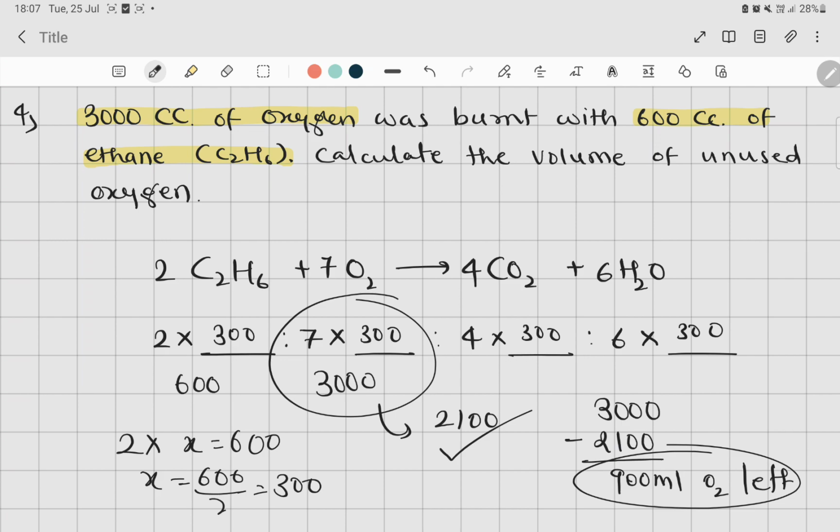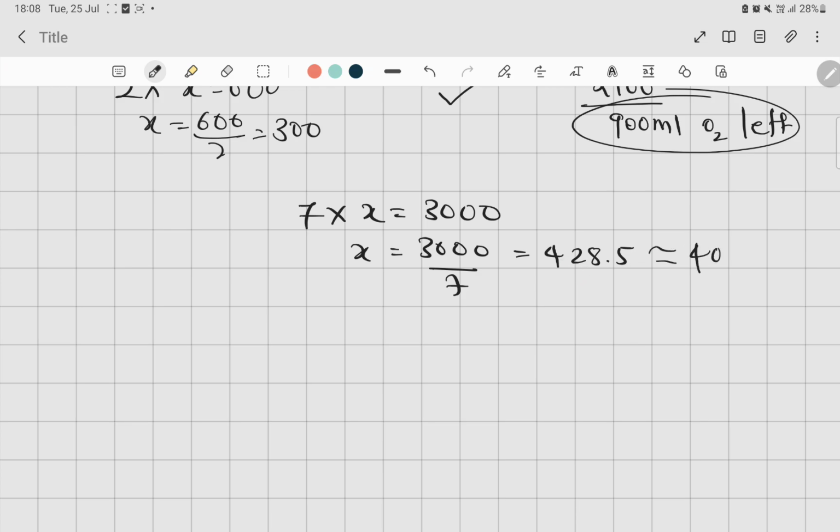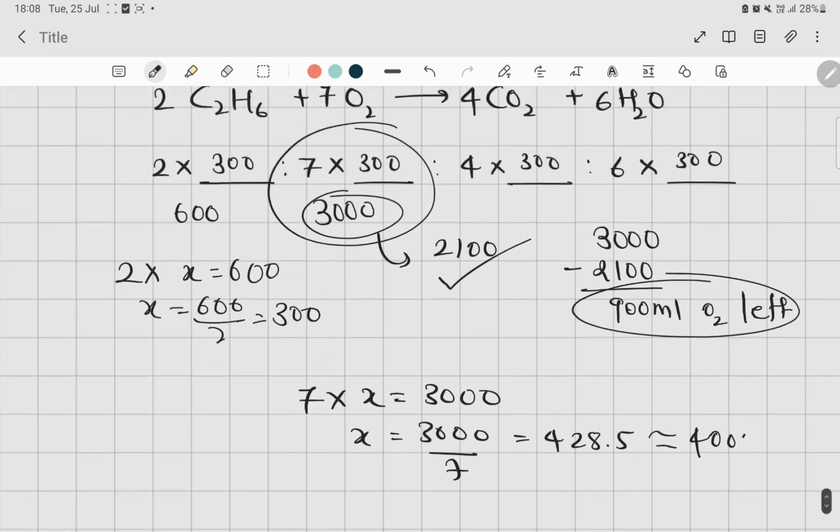But some of you will be like, sir, why are we not solving with the 3000? We can do the same thing: 7 into x is equal to 3000. Therefore x is equal to 3000 by 7, which will give us 428.5. But dear, let's suppose generally we take it as 400. Then also it is not possible. If I write 400 over here, 2 into 400 won't be 600.